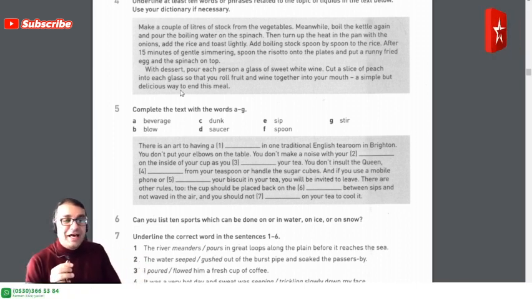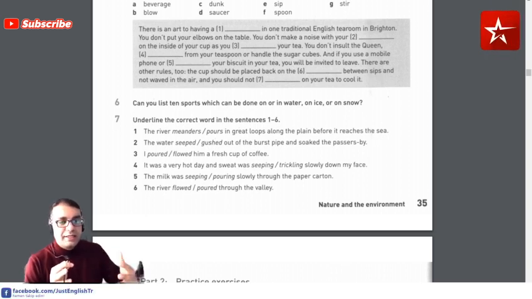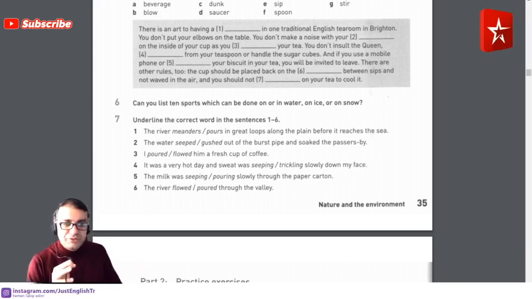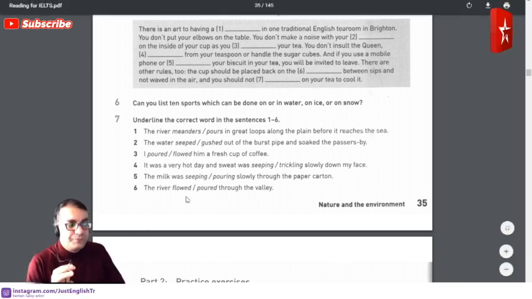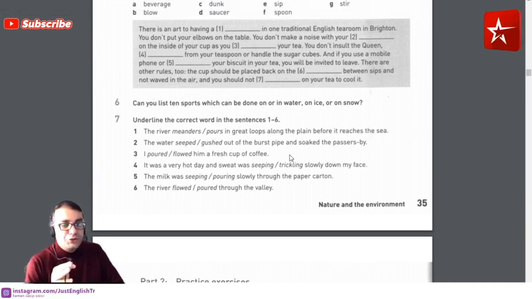Okay, now let's go for number 7. Number 7 is a bit more, how to say, challenging, to see your training level. Now underline the correct word in the sentences 1 to 6. Okay? Now I want you to choose which one, the correct words.